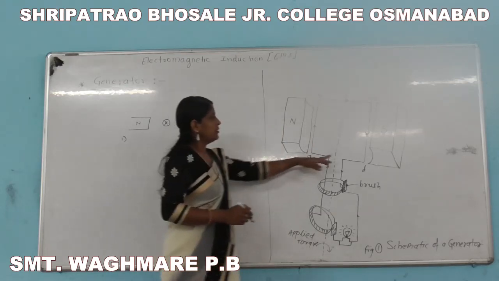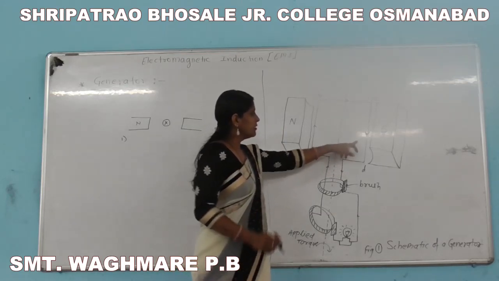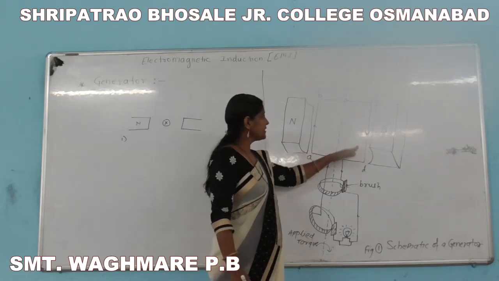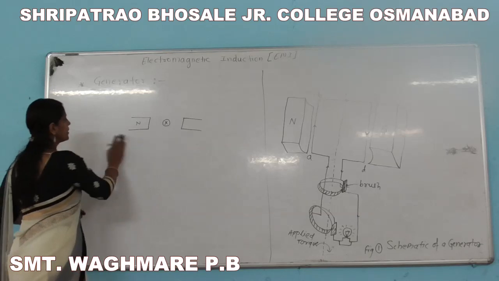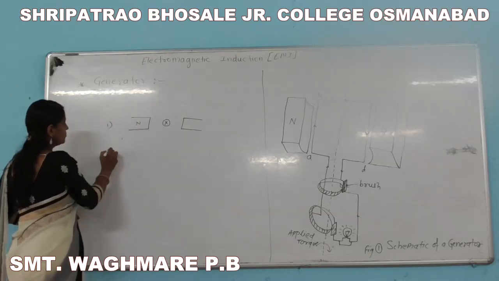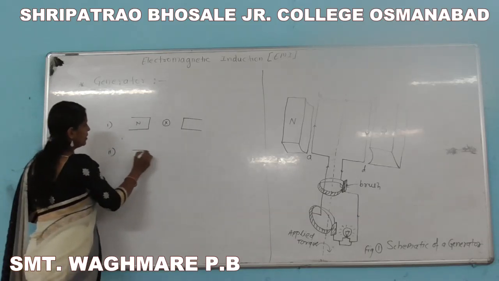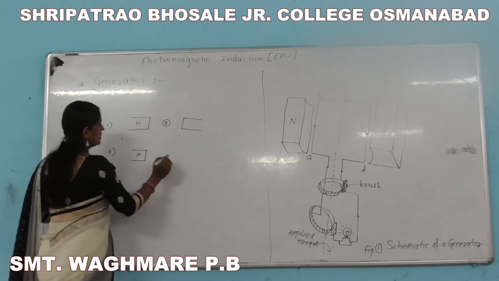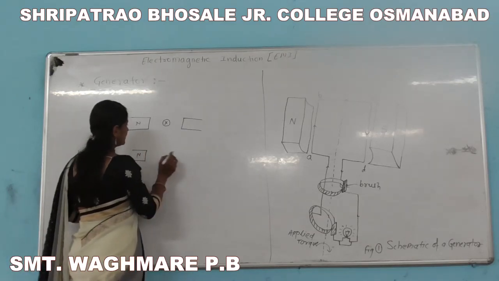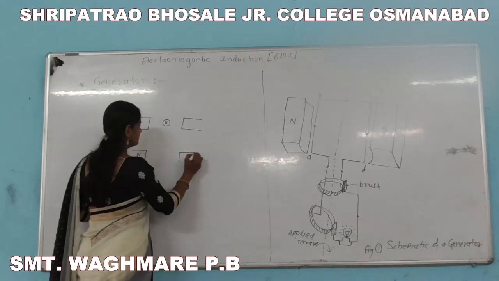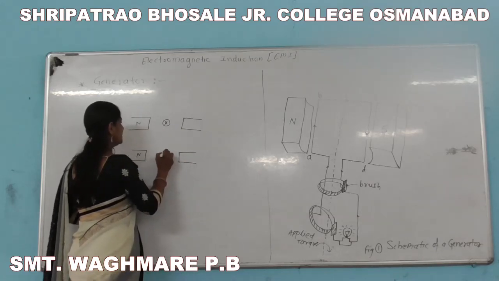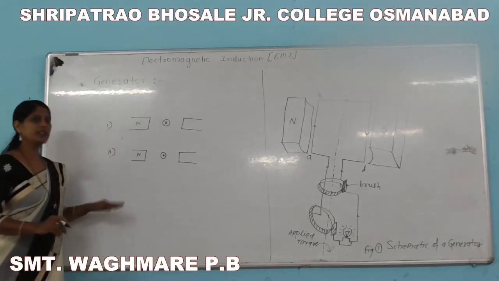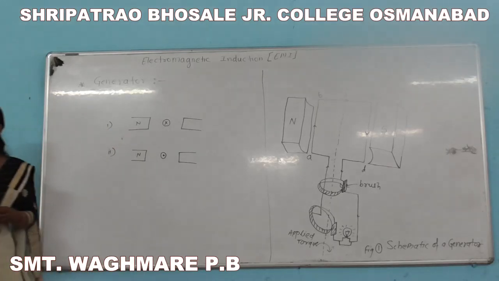Then on the second side, CD, the direction of current is like this. This indicates that the direction of current is outward.